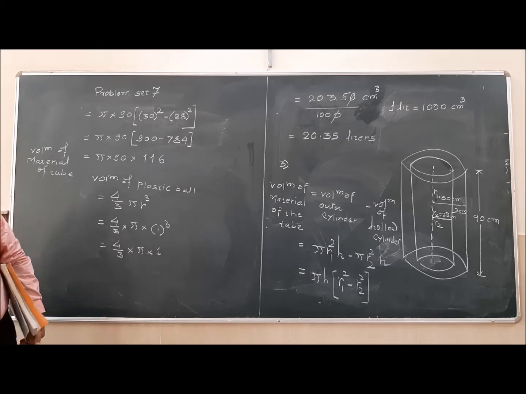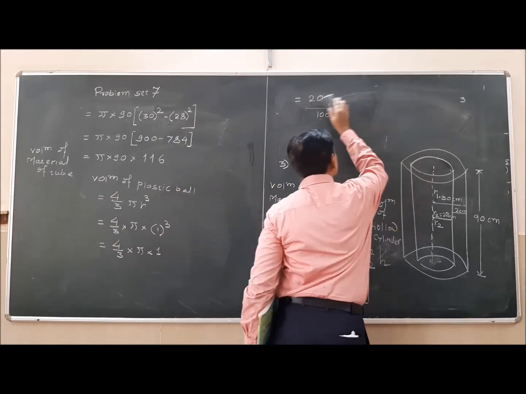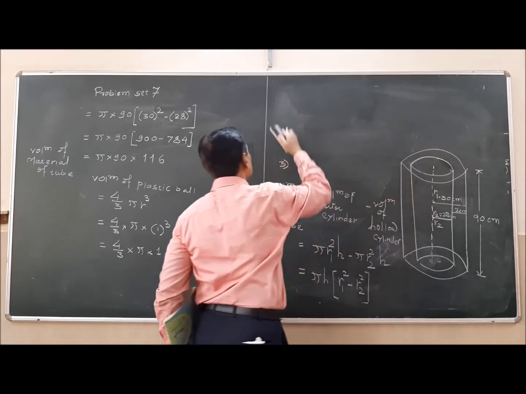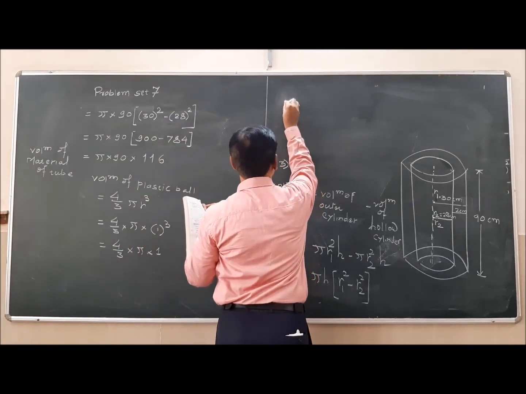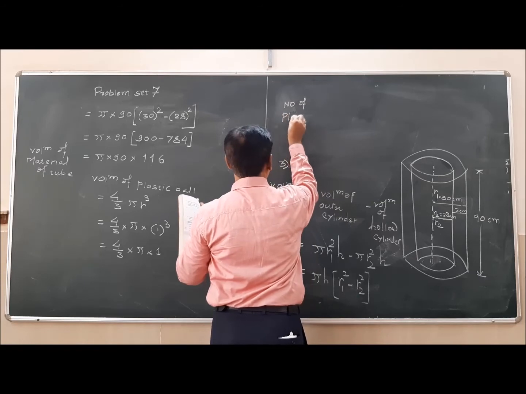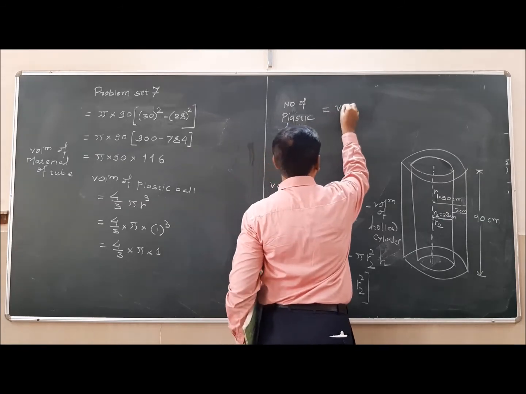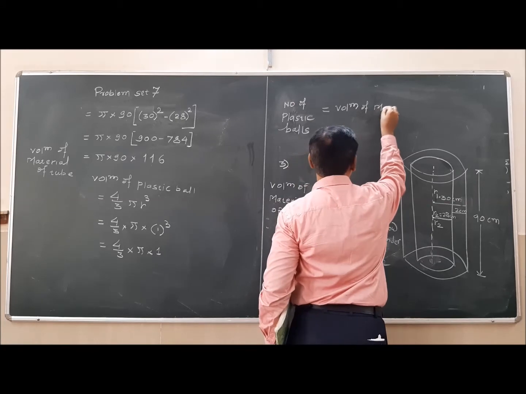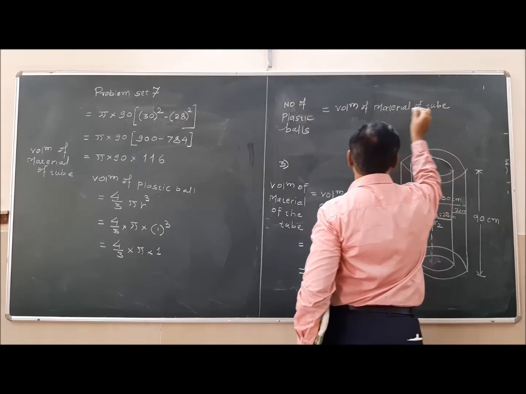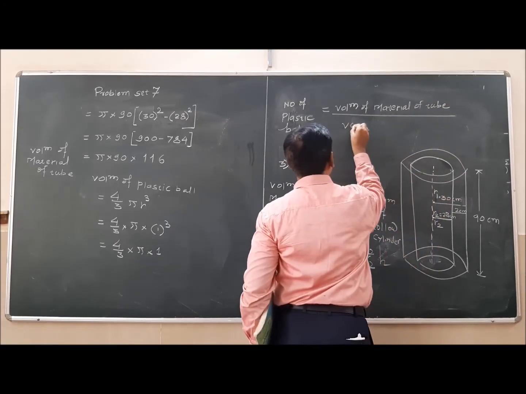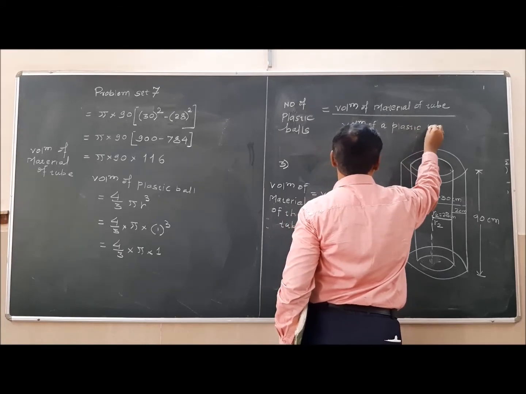The number of plastic balls is equal to the volume of material of tube upon the volume of a plastic ball.